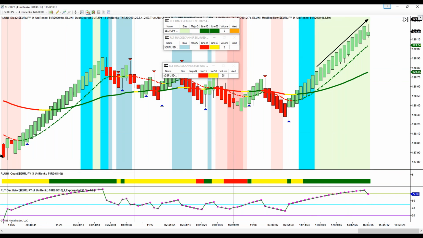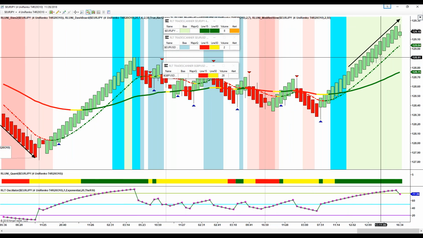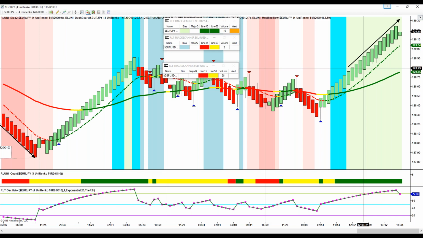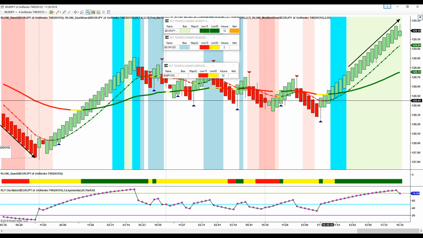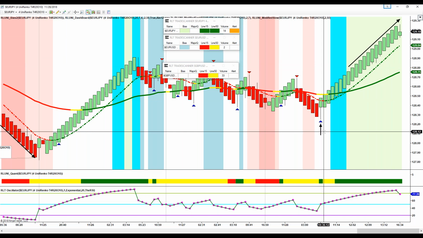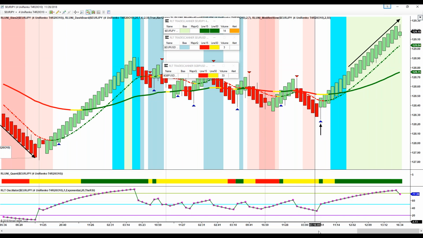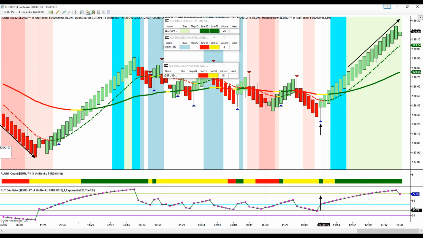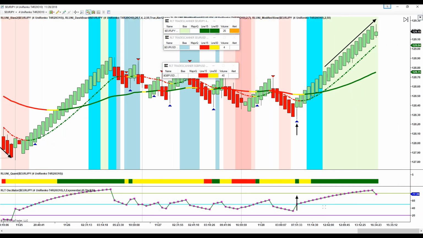The problem is you don't have an entry. And all you have to do is look and see that the long entry occurred here. You can look down at the oscillator and see the cross was here. So you're not going to get an entry here.